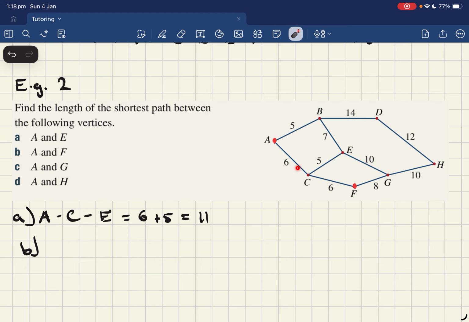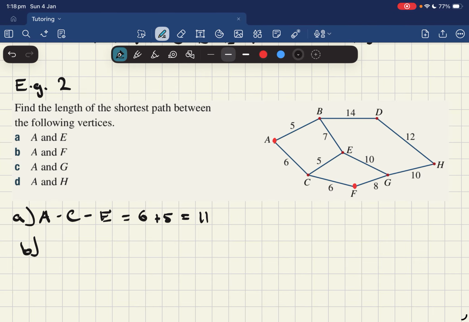The only other thing I could do was A to B to E to C to F, but we can already see that's going to add up to something a lot higher. Or if I went around this way, it's just going to end up summing to more. So I'm just going A, C, F, which is 6 plus 6, which gives me 12.